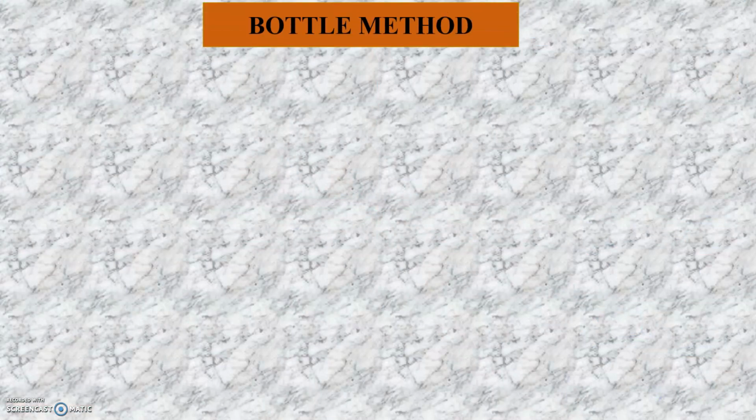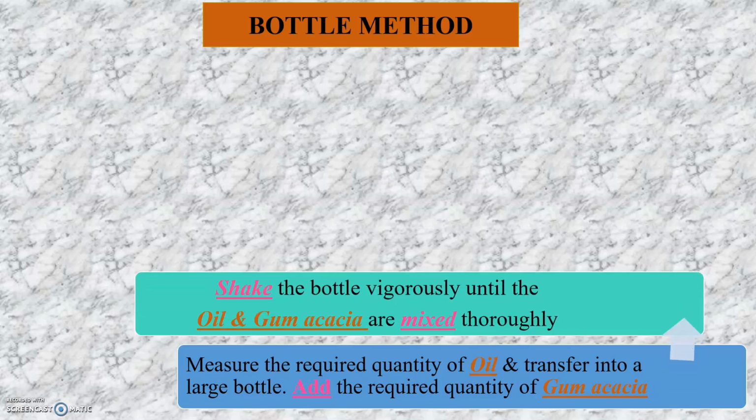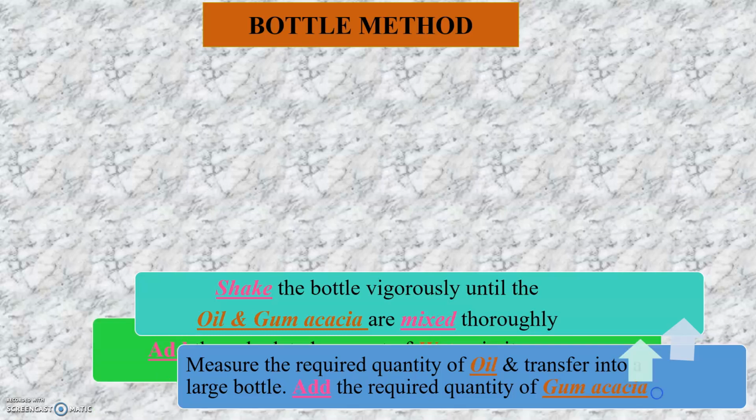Now let us see the next method for the preparation of emulsion, that is bottle method. In this, first measure the required quantity of oil and transfer it into a large bottle. Add the required quantity of gum acacia. Shake the bottle vigorously until the oil and gum acacia are mixed thoroughly.